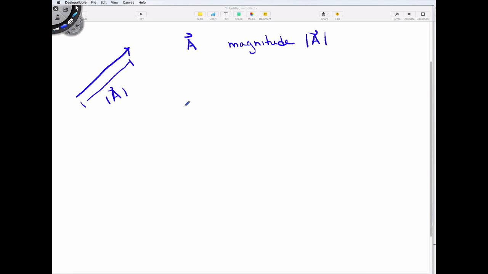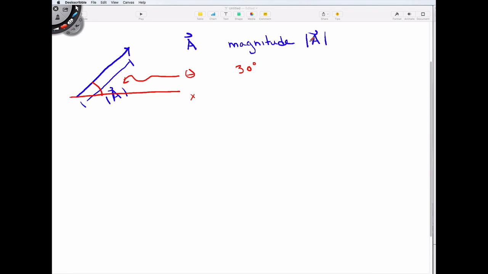And then the direction can be given by the angle from some axis. In this case, this is the x-axis. This would be an angle here. We could call that theta. And in this case, it looks like theta is something like 30 degrees from the x-axis. So we can use the length of the vector, which is just a scalar quantity, and then the angle from the x-axis.